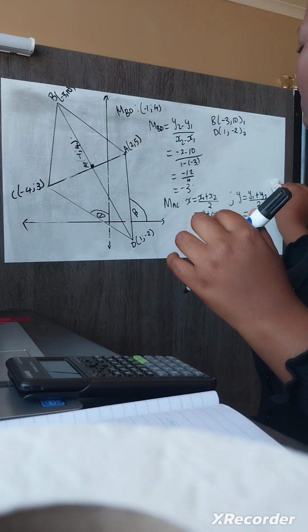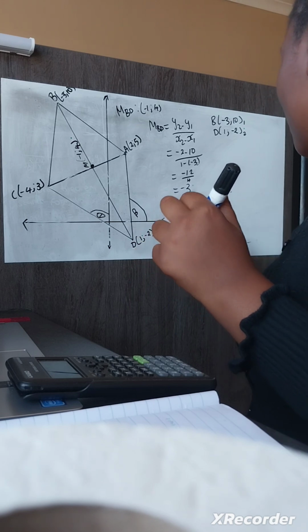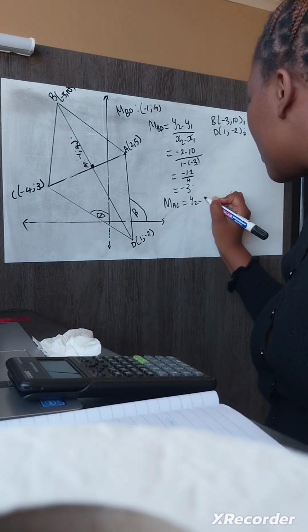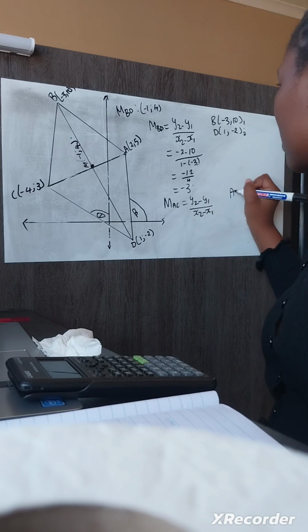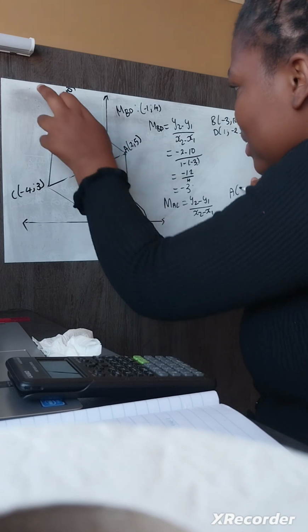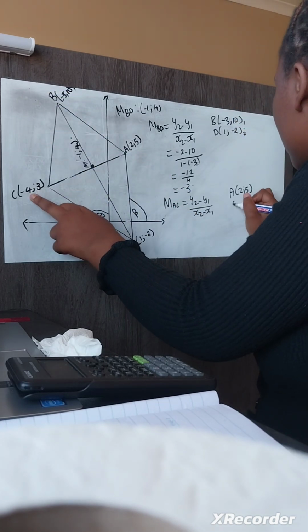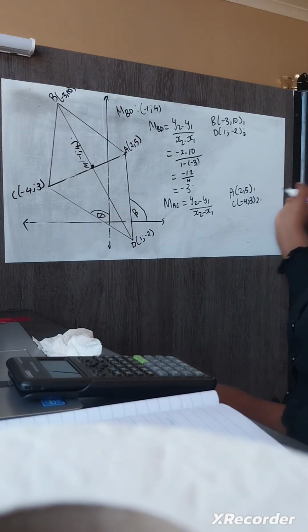Then I must look for the gradient of AC, which is equal to y2 minus y1 all over x2 minus x1. A is (2, 5) and C is (-4, 3). So this is our 1, this is our 2.